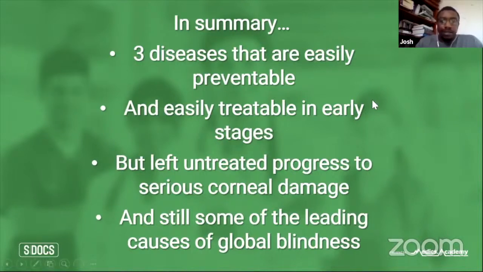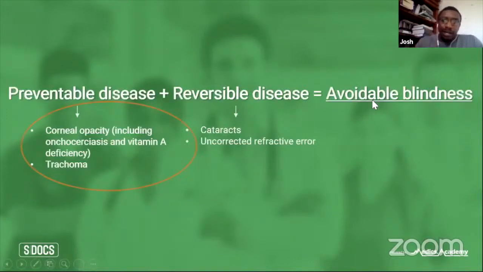Again, just to reiterate, we've looked at some of the preventable diseases that are part of avoidable blindness. That's why global health interventions look at these diseases, to try and combat the disparity in global health and avoidable blindness. So that is the end of part 2.